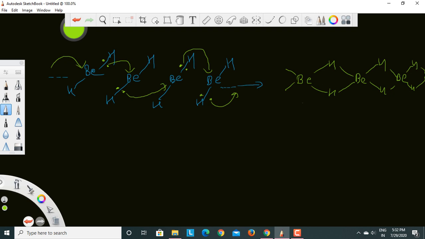But at the terminal, that beryllium will have only one hydrogen. This is the structure of (BeH2)n, the polymeric form of beryllium hydride. And this will be planar. Why? Because of sp2 hybridization. All beryllium is sp2 hybridized. But you will have a two-electron three-center system for all bridge hydrogen, right?